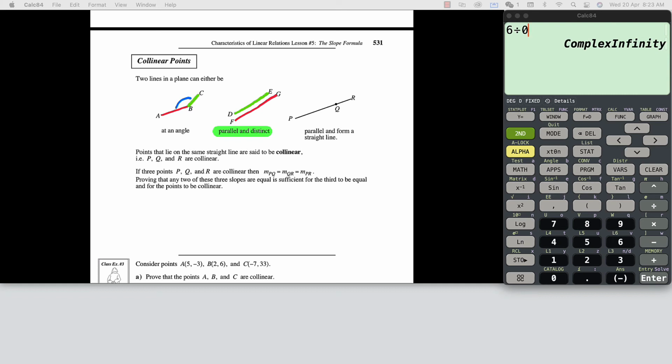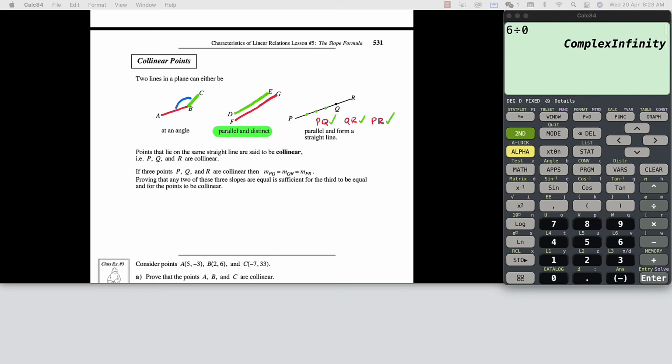We've got a line segment called PQ, a line segment from Q to R, and a line segment going from P all the way to R. Each one of these would have the exact same slope. In that case, any point that is on this line would be referred to as collinear.